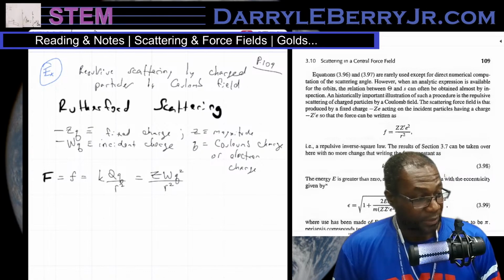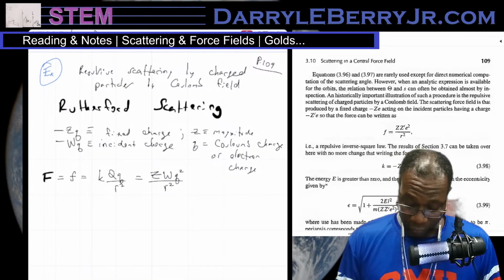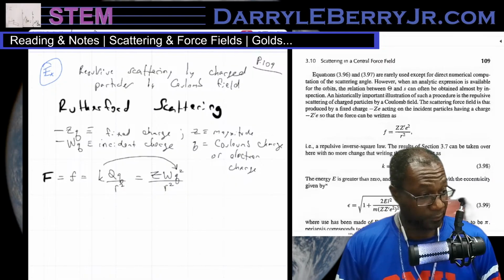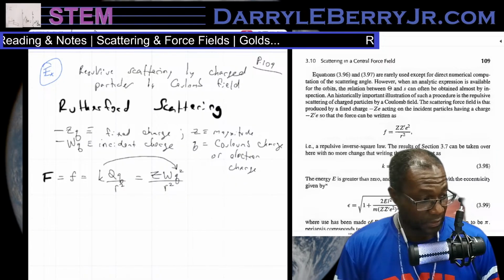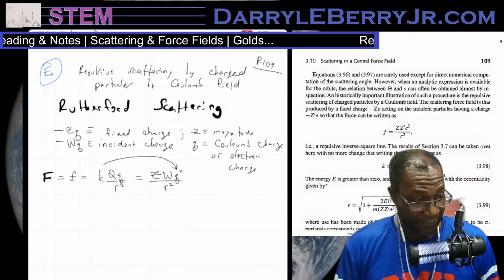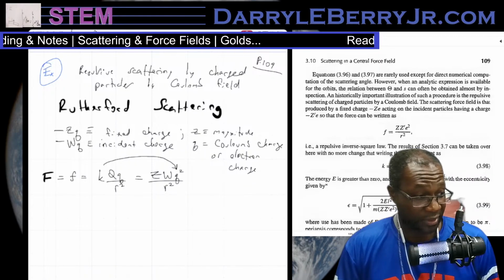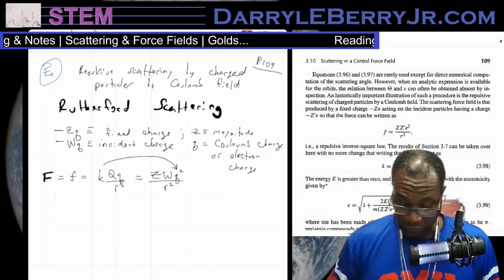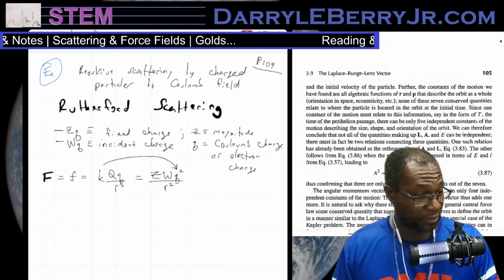When I asked the professor about this, she said that the Coulomb constant will be absorbed into one of these other things, right? So now we have the repulsive or the attractive inverse square law, but now we're dealing with charges of the same type.